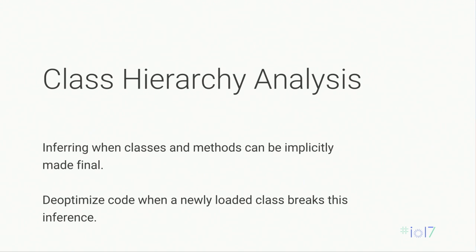Having this information internally gives a lot of room for the compiler for more optimizations. For example, you can do more inlining. And because Java has dynamic class loading, we will bail out of these optimizations if suddenly a new class gets loaded, and all the optimizations we did by inferring final classes and methods become invalid.